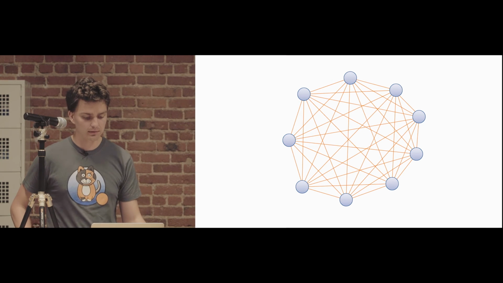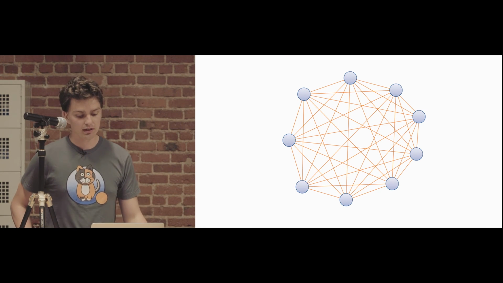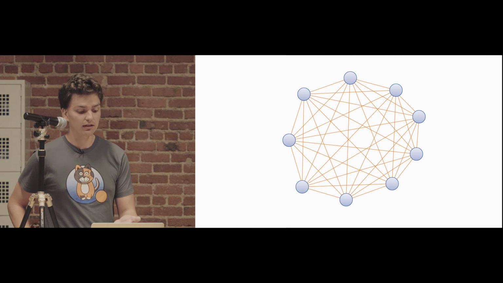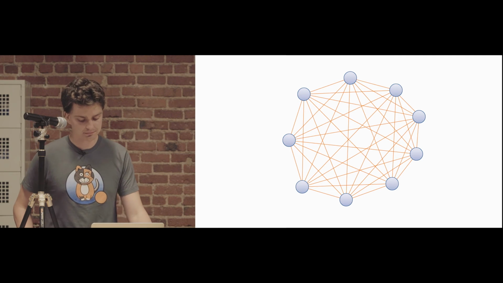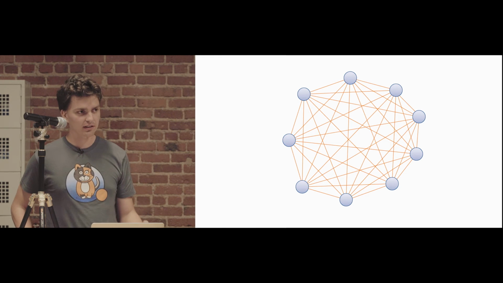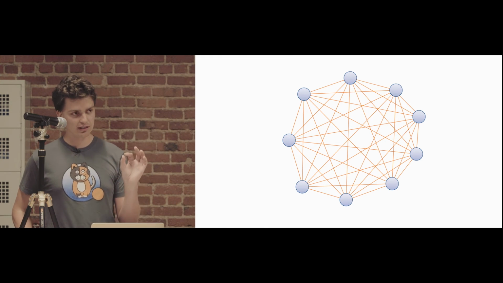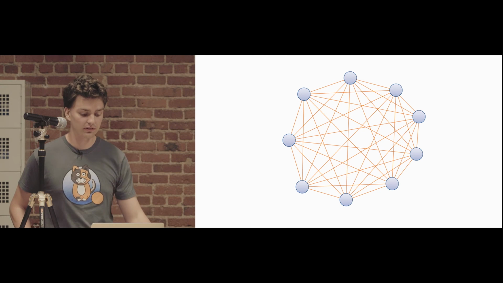So consider a Kubernetes cluster. It looks something like this. You've got N services running, and that's already a lot of connections, or potential connections, between all of these services. And really, the applications we're deploying don't need all of these connections. There's only a tiny fraction of these that are actually useful for the application.